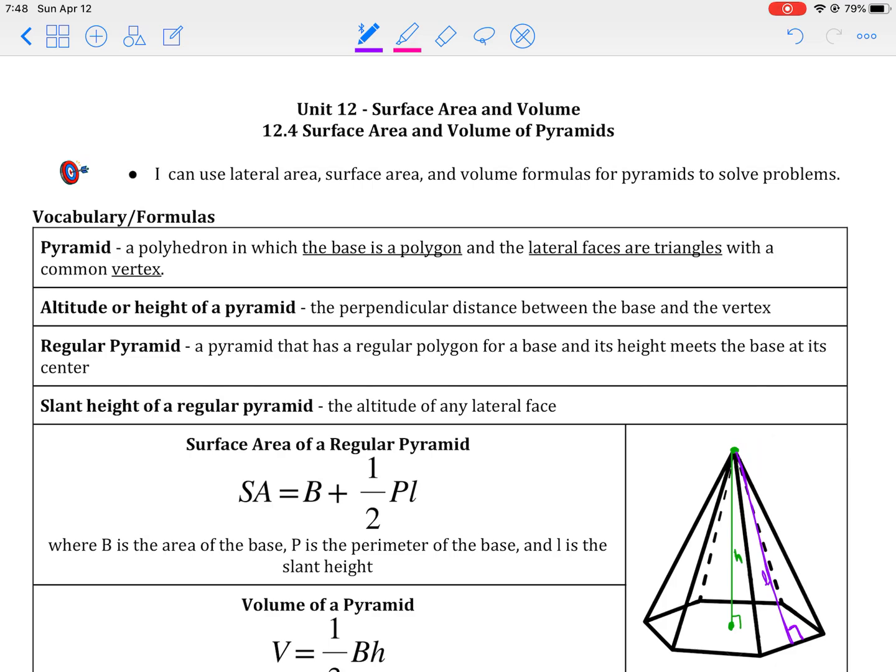Notice that this variable l for the slant height shows up in our surface area formula. There are a couple different ways that we might have to find the slant height if it's not given to us. If we're working with a polyhedron with a regular base and we need to find the slant height, notice that they're perpendicular.